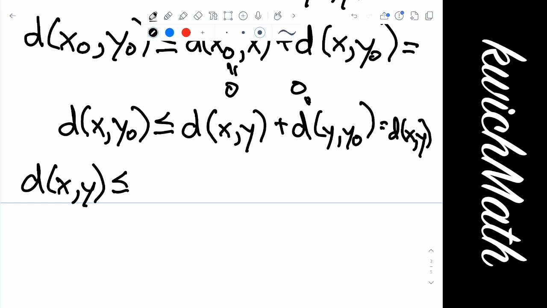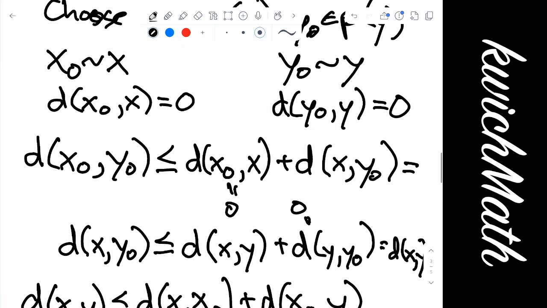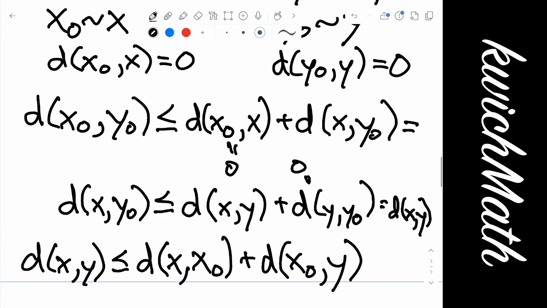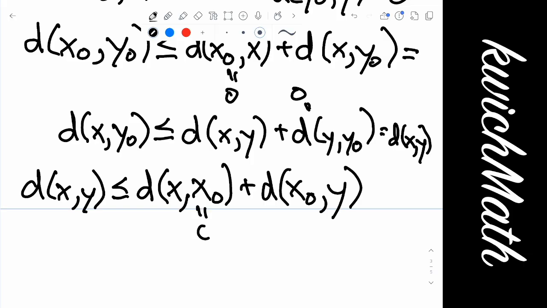So this will be less than or equal to the distance from x to x0 plus the distance from x0 to y. And once again, we have this nice property that the distance from x to x0, because of the symmetric property, is also 0.